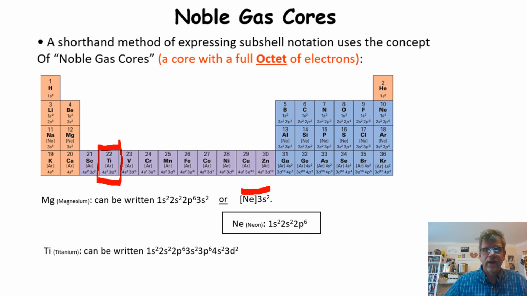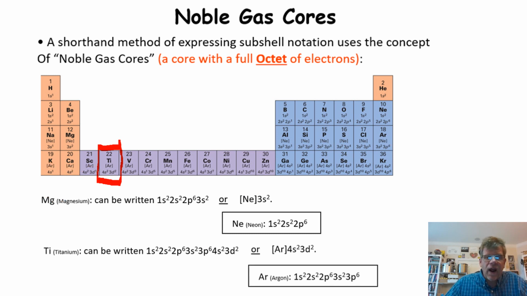Fair enough. So if argon here is what we see right here, 1s2, 2s2, 2p6, 3s2, 3p6, we notice that most of titanium is exactly that.